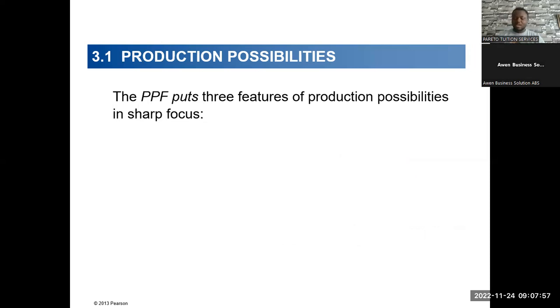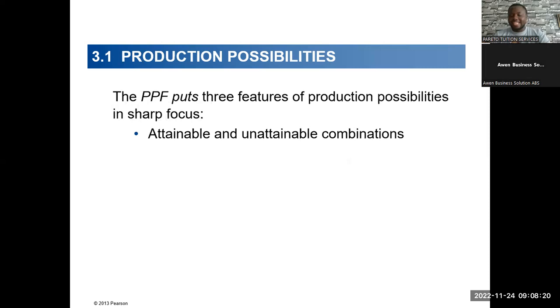Now, when you take the PPF, per the features of the PPF, there are some possibilities that we have to look at. The PPF tries to show us some possibilities. Now, just by looking at the PPF, per the definition we said, it is a combination of goods that can be produced and those that cannot be produced, which means that the PPF will try to show us attainable and unattainable combinations.